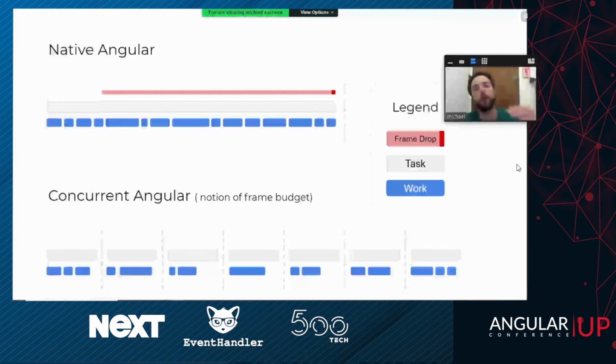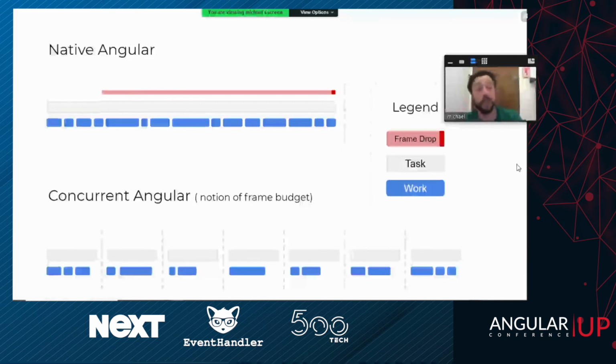And at the very top, in red, we have the highlighted area where the task took too much time. And this red, you already know from the flame charts, is a frame drop.